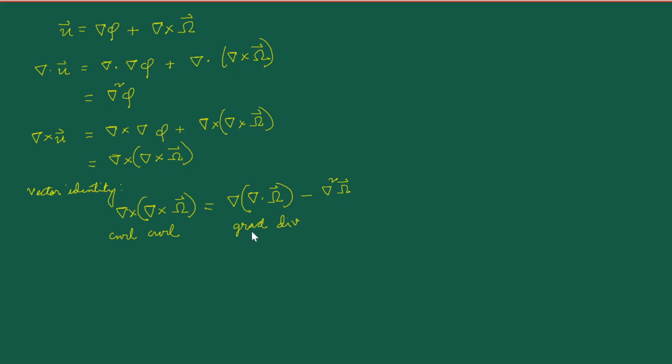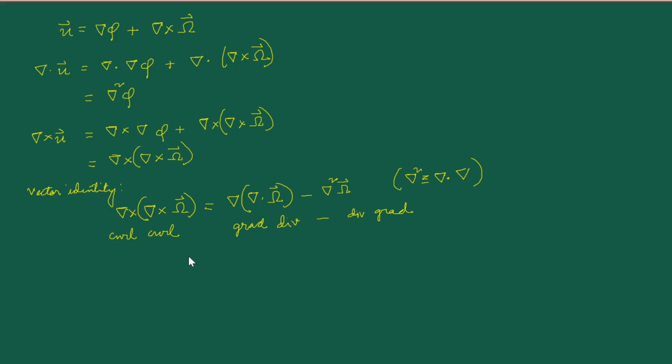So it is the gradient of the divergence minus the div grad. Why is it div grad? Because the Laplacian is basically equivalent to the divergence of the grad. So you take the grad, then take the divergence of that, so divergence of grad is the Laplacian. So curl curl is equal to grad div minus div grad. It is just an easy way to remember it by words. All right. So if you use this, what does it give us?